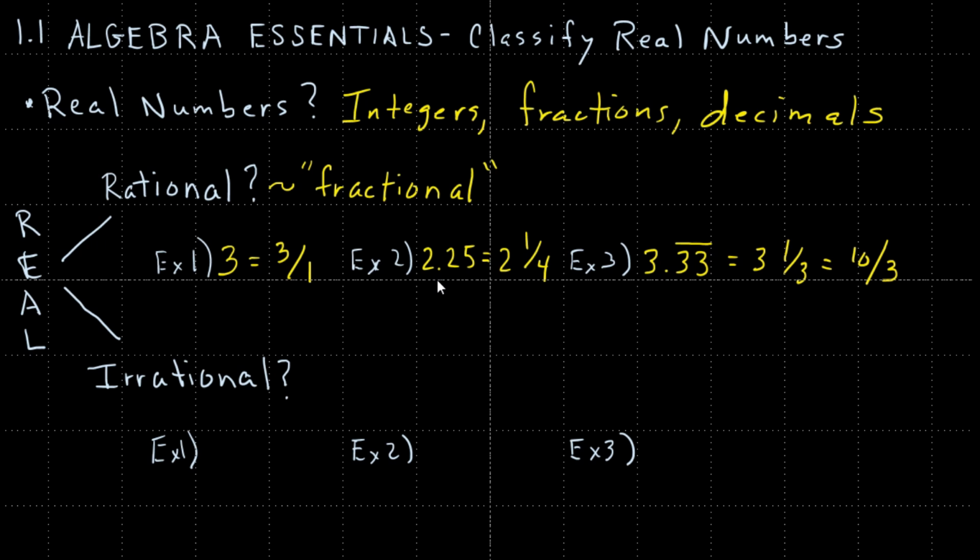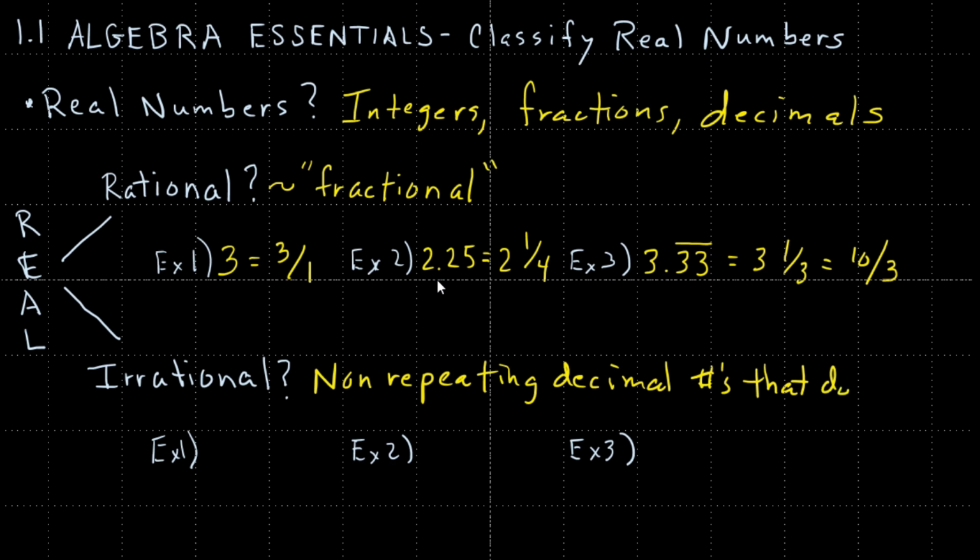Some other types of rational numbers would be natural numbers and whole numbers, and you can review that if needed. So the other type of real number is irrational, and those are basically non-repeating decimal numbers that don't end.